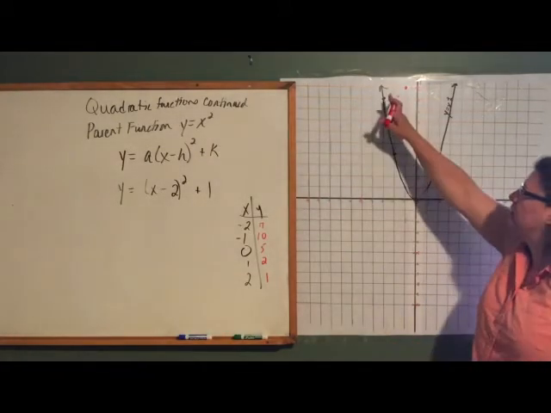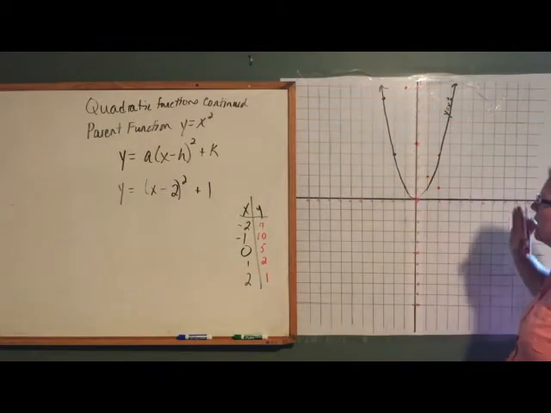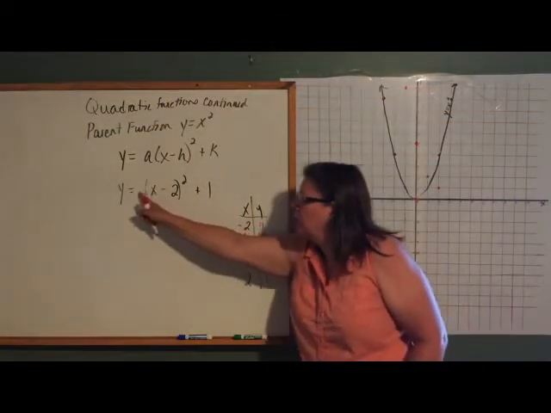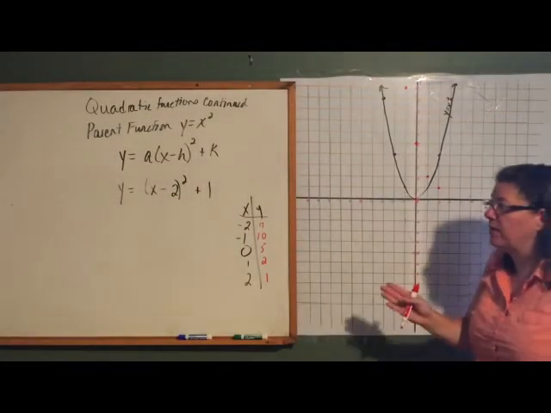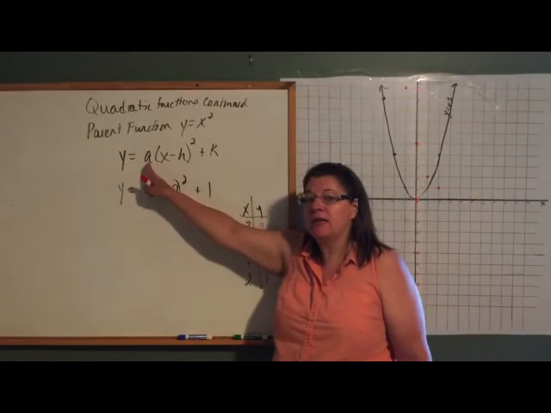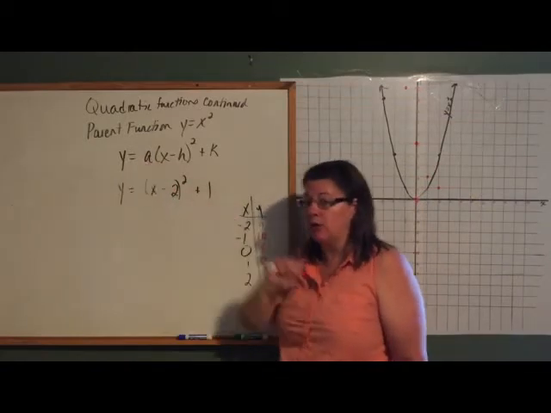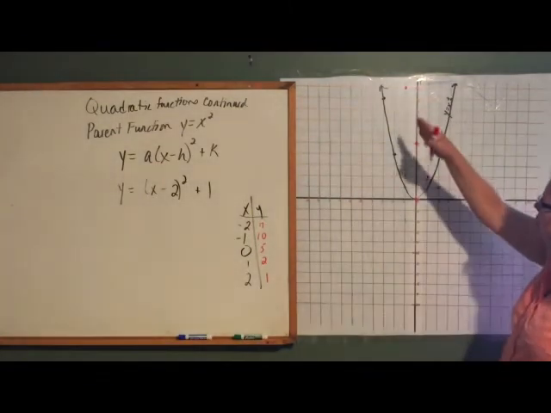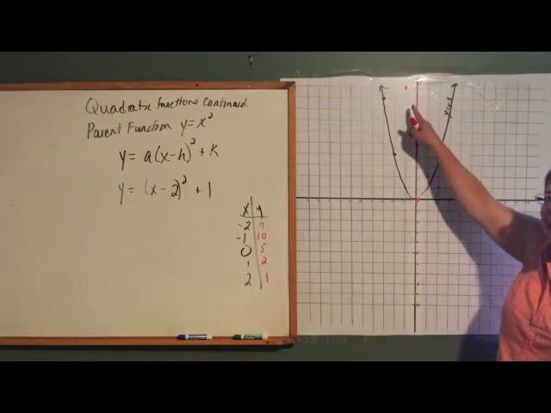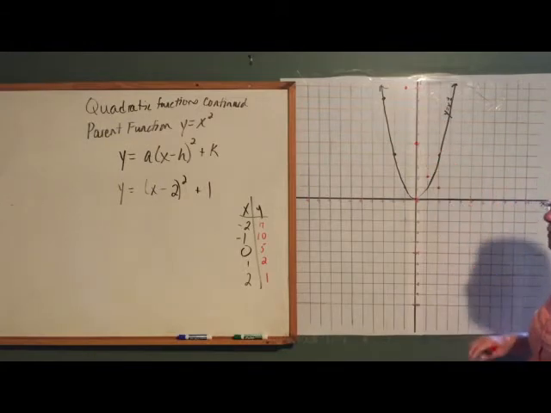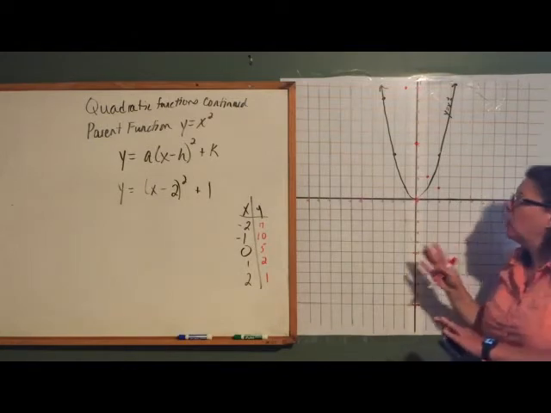We know this has got to be a parabola that's shaped like this. Because the a value is 1, we know it's going to be this thickness, because if it weren't that thickness, we would either have a whole number to make it thinner or a fraction to make it wider. So we know it has to be this shape, but it looks to me like we're only getting one side of that parabola. So we've got to see what's happening on the other side by going a little bit further.